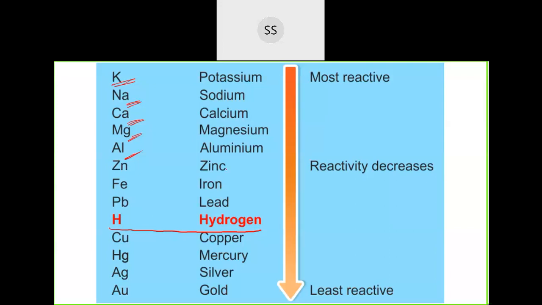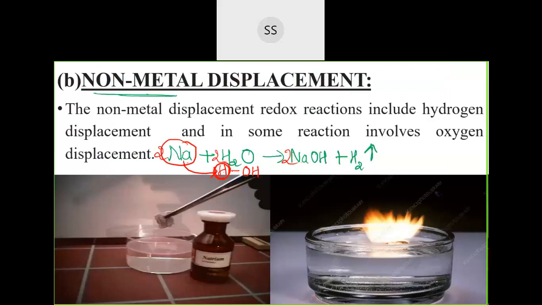Whichever comes above hydrogen indicates that these elements, being more reactive, can displace the hydrogen from the reaction. So that's how sodium hydroxide was formed. Here sodium hydroxide is formed because sodium, being more reactive, displaces hydrogen, and hydrogen is a positive element that can be displaced there. Okay, one more example I will take.